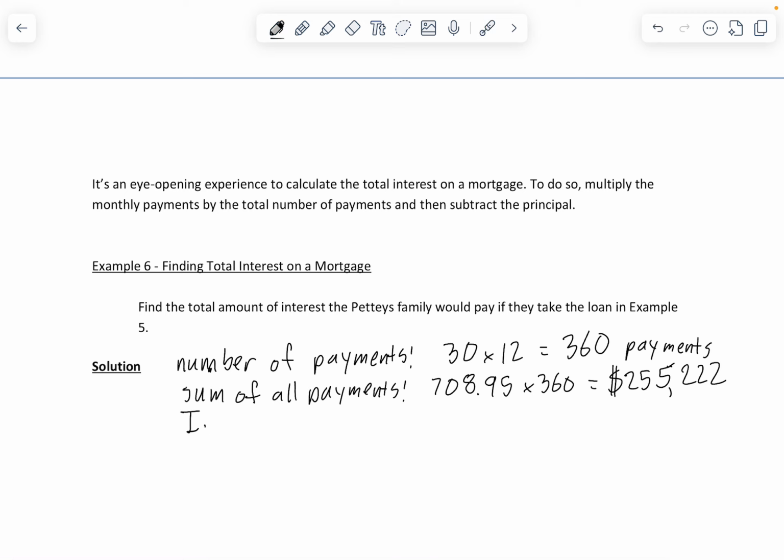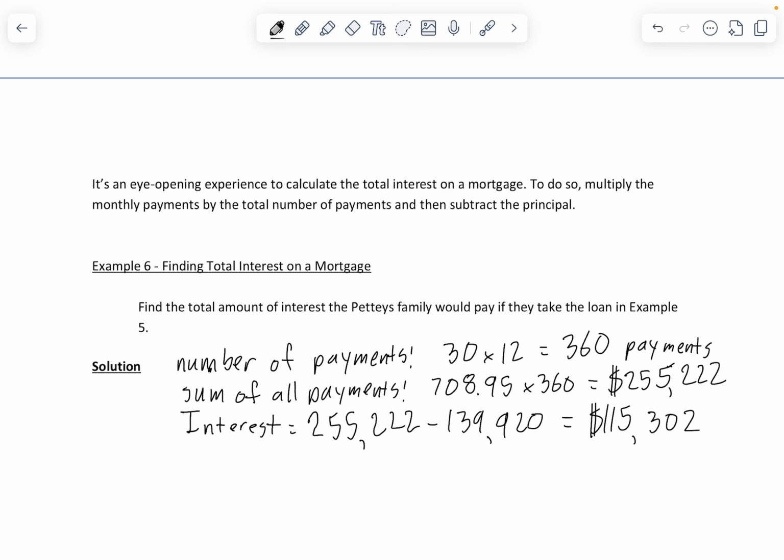Okay, interest equals $255,222 minus $139,920. Works out to be $115,302.